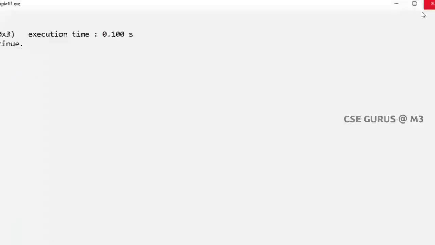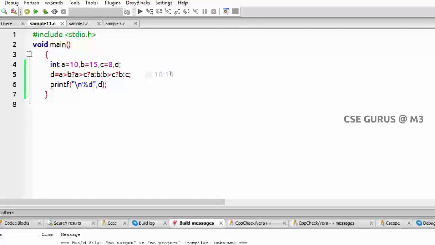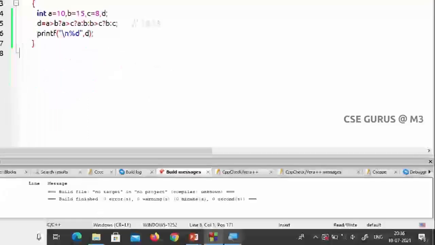So whenever you have more than one ternary operator, you have to execute from the right side. This part result is 15, this part result is 10, so 10 colon 15. A greater than B: if true, first value; false, second value will be taken and assigned to D.